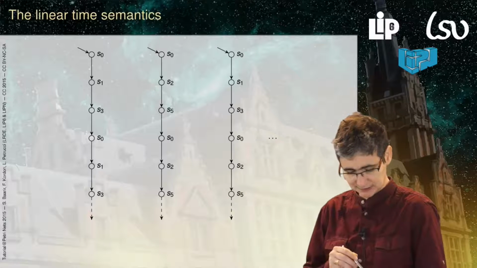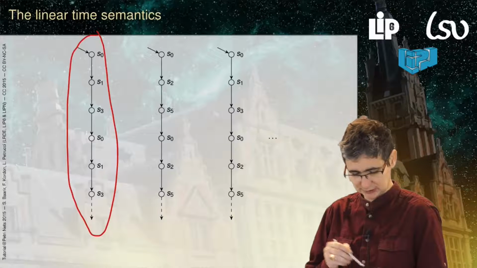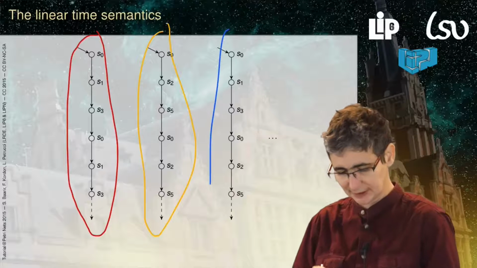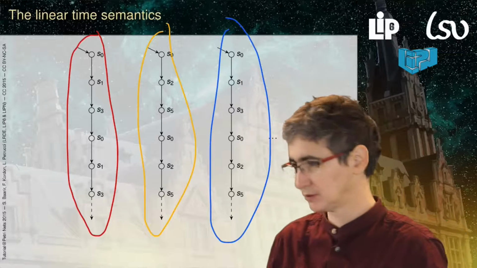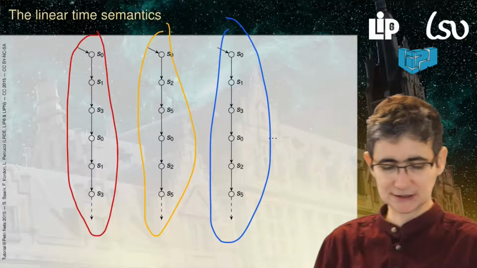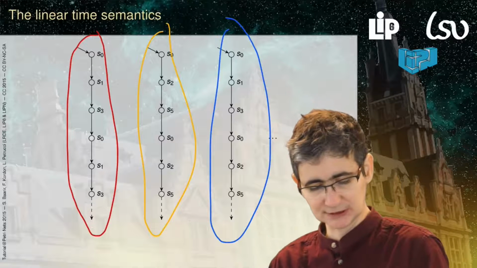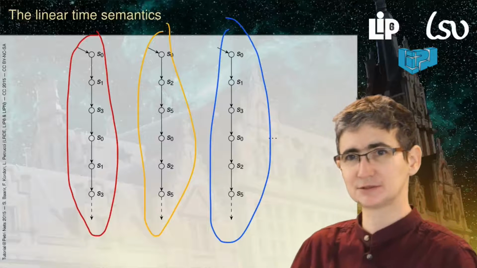As you can see here, you have 3 paths of executions, 1, 2, and 3. In the first one, the red one, I start in state S0, and then I go to state S1, and then S3, and then S0 again, and S1, and S3 again.